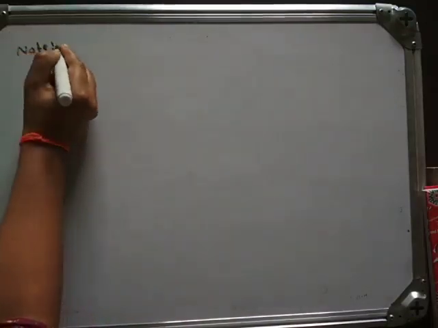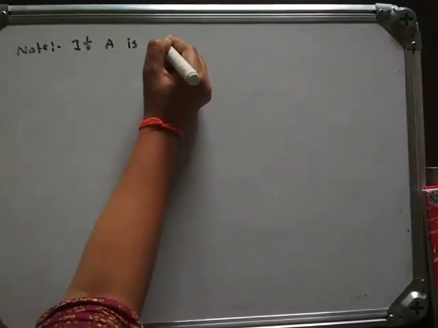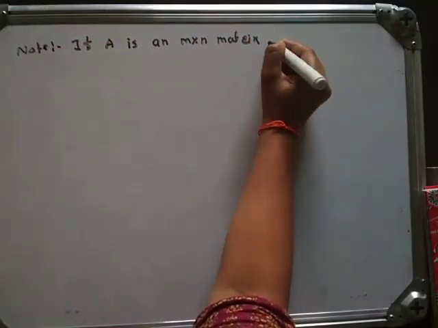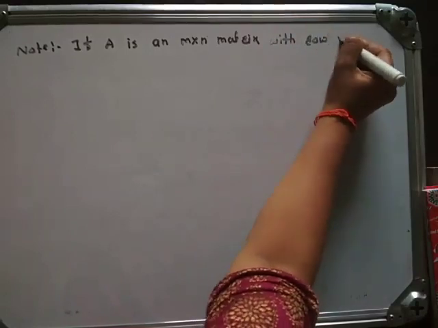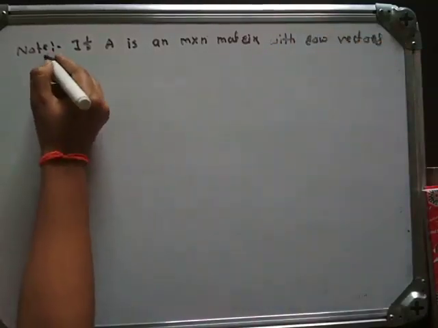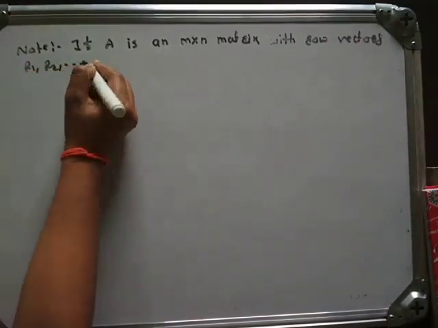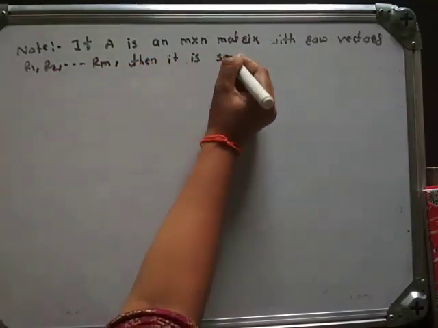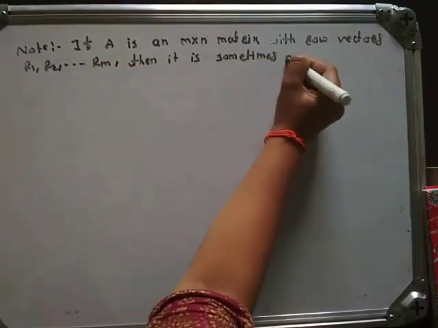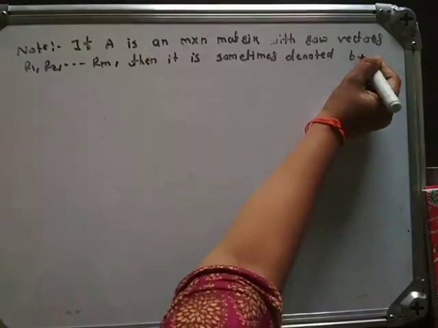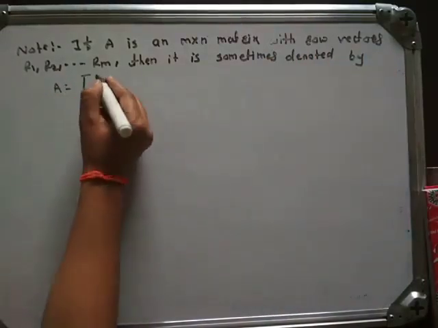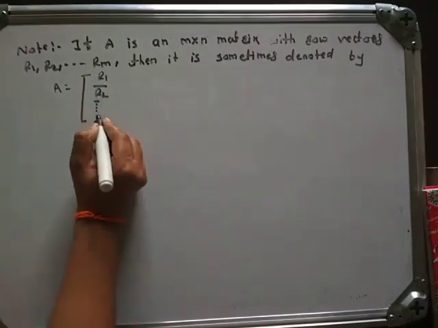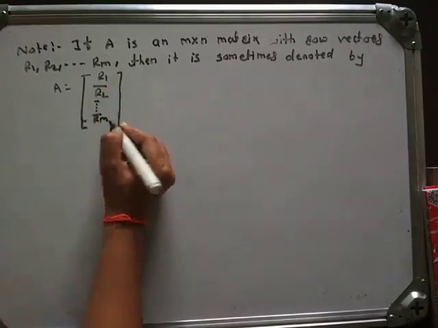Write down one. If A is an m by n matrix with row vectors R1, R2 and so on up to Rm, then it is sometimes denoted by A equals the matrix with rows R1, R2 and so on up to Rm. The number of rows is m.